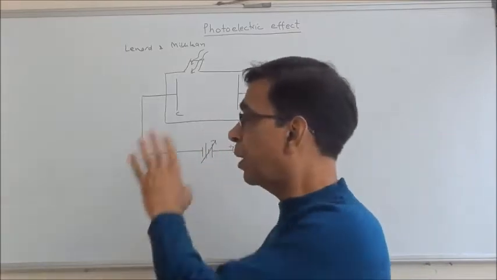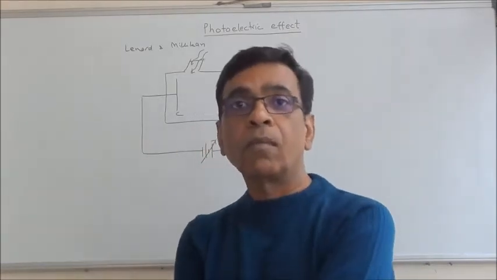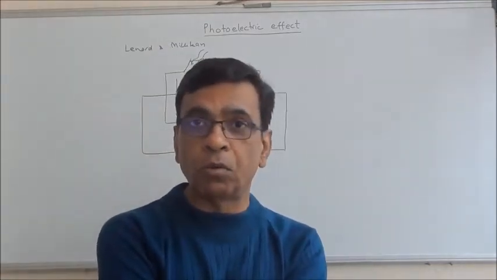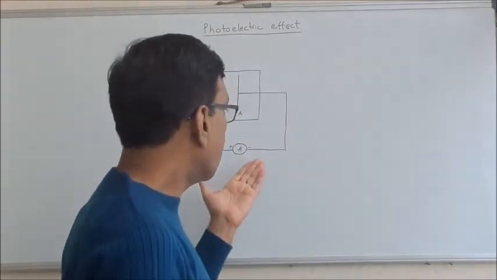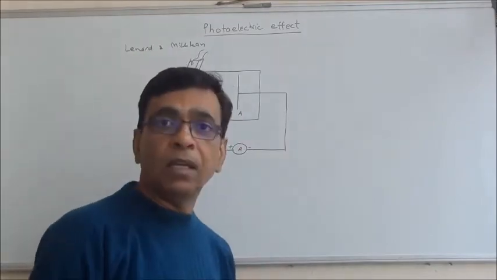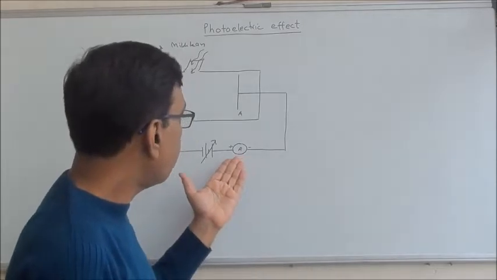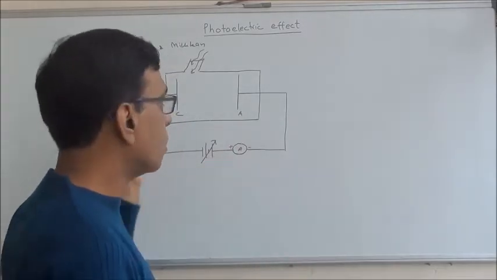Now when the experiment was performed, the electron was not discovered, but now we know that the current flowing in metallic wires is always due to flow of electrons. So when there is a deflection in the ammeter, it means electrons are flowing in it.